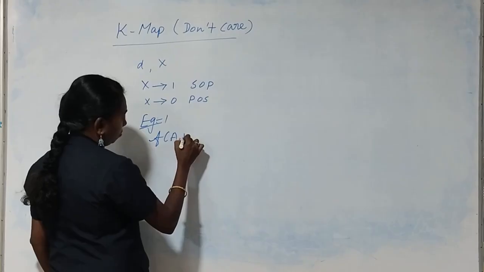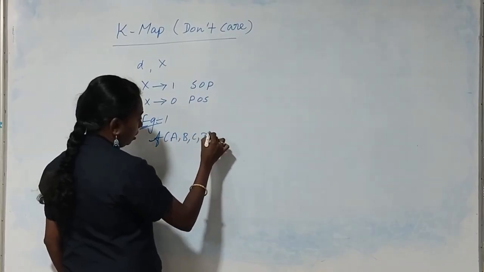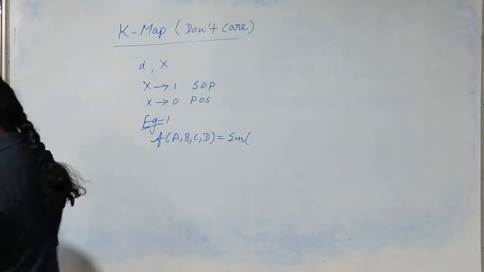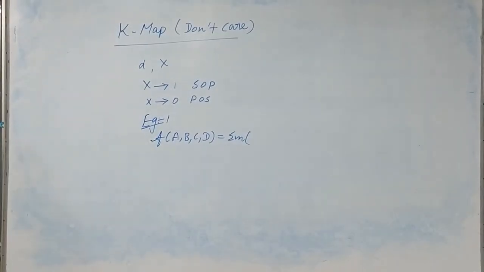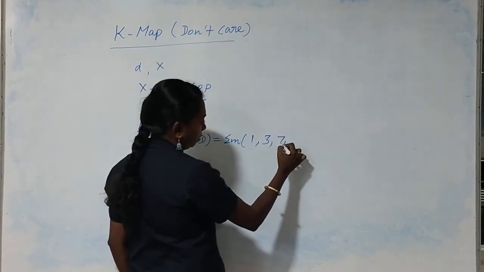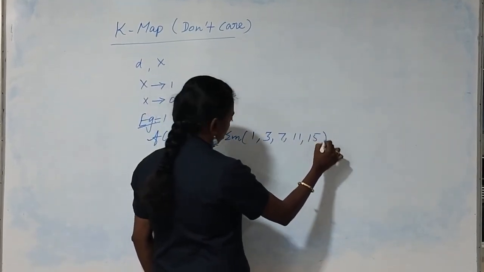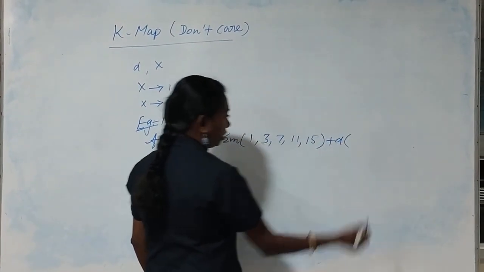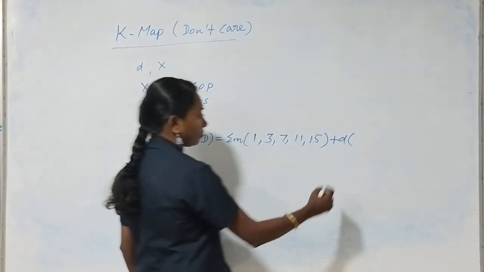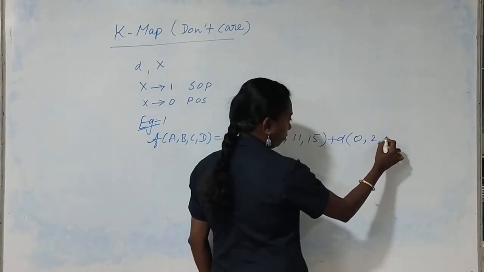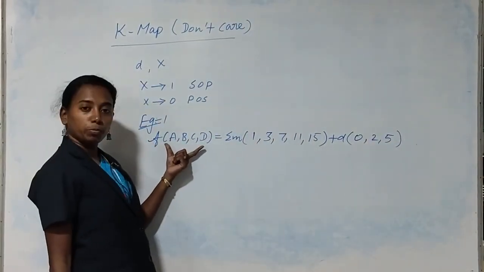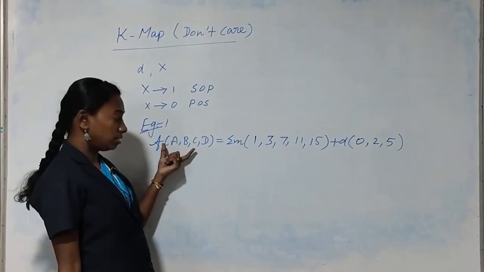F of A, B, C, D equal to summation of m (1, 3, 7, 11, 15), and the don't care values will be 0, 2 and 5.